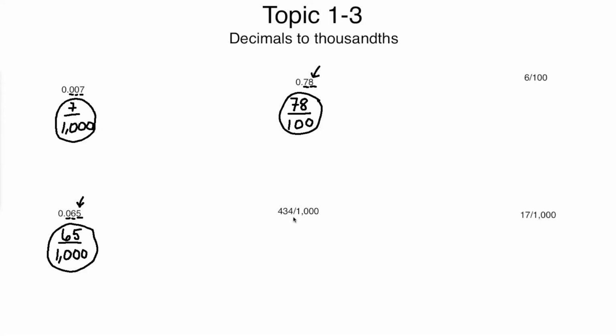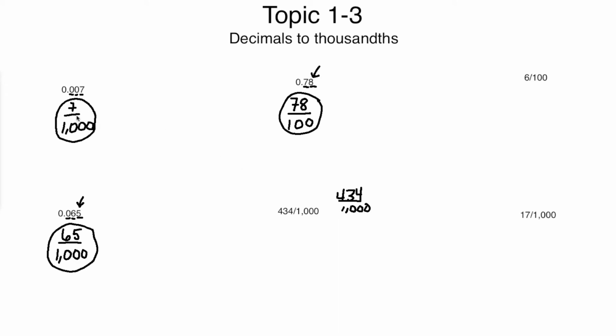Now, go ahead and push pause and try to figure out what this fraction would be as a decimal. Now, you're like, wait, what's that symbol right there? It's a division bar, but it's the exact same thing as saying this, 434 over 1,000. It means 434 divided by 1,000.